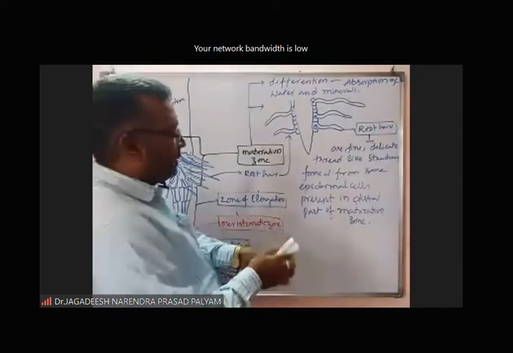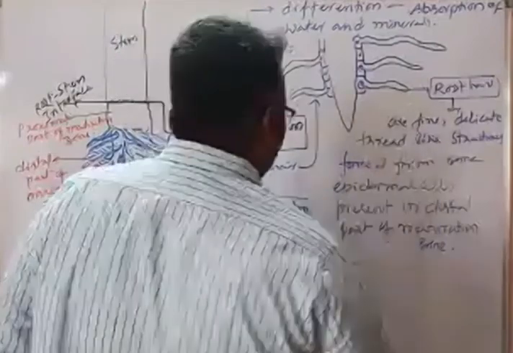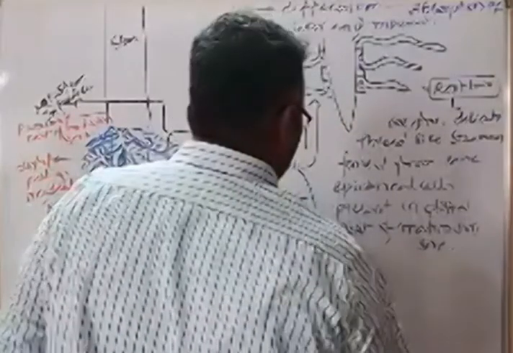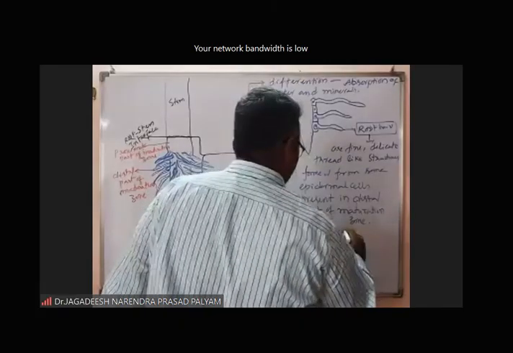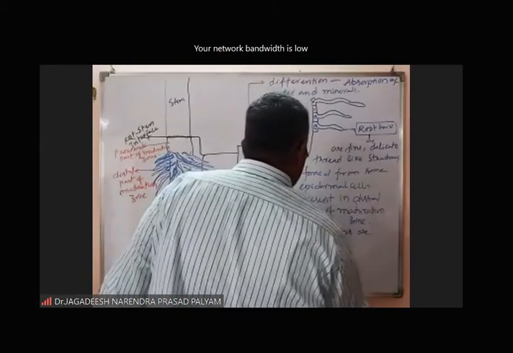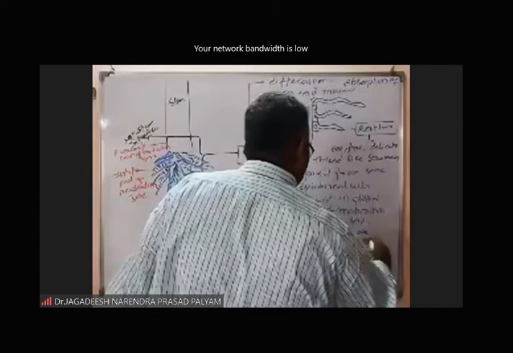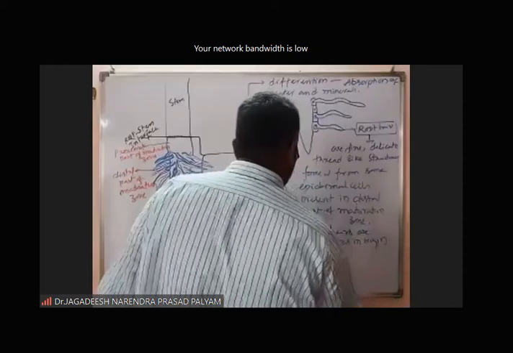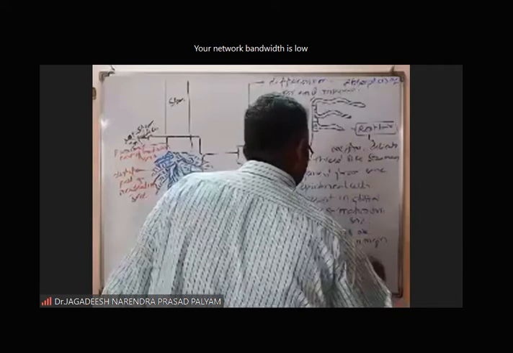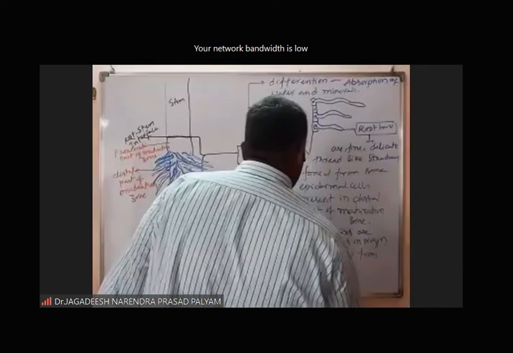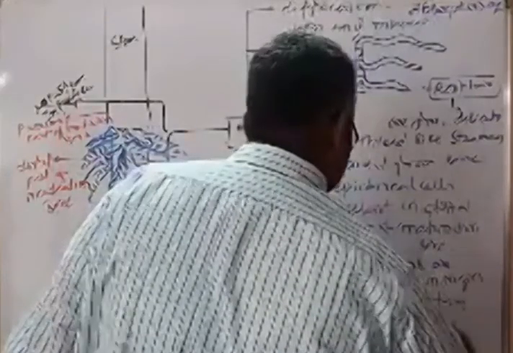So these root hairs are formed from epidermis. Am I right? So root hairs are exogenous in origin. Why? Because they are formed from epidermal cells.